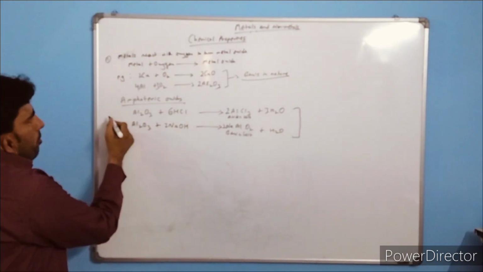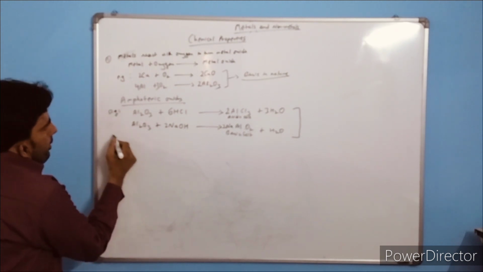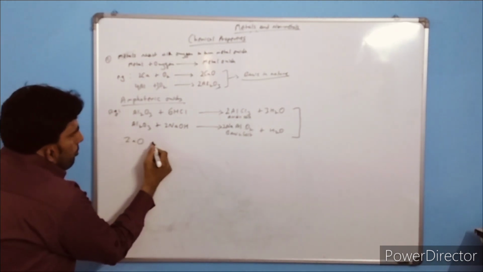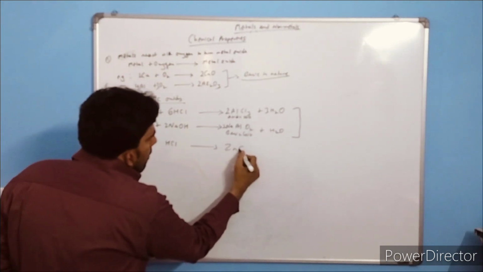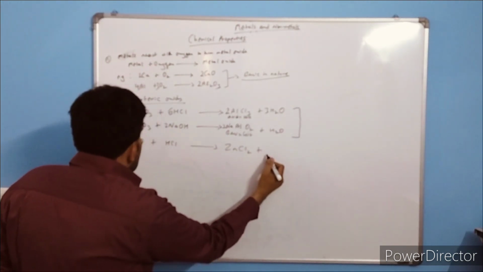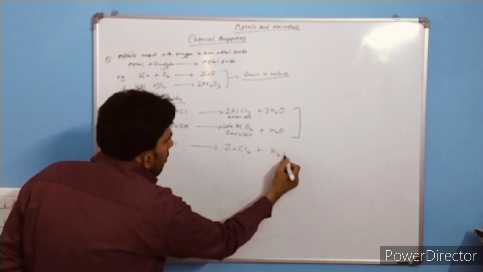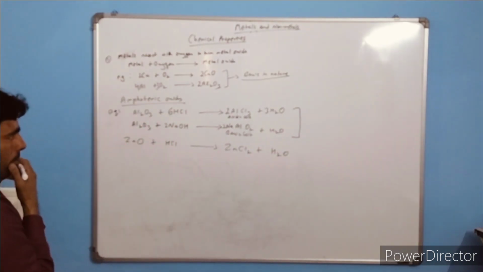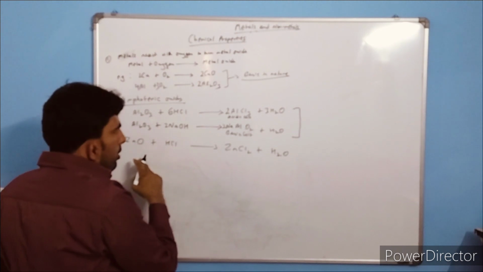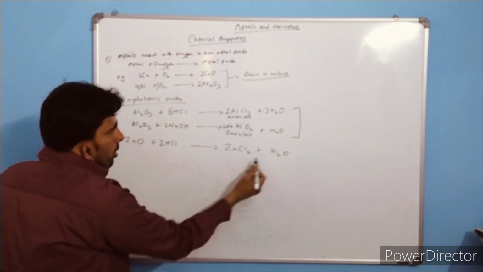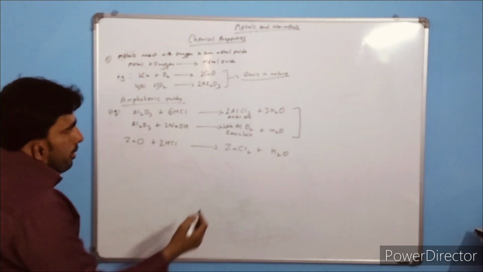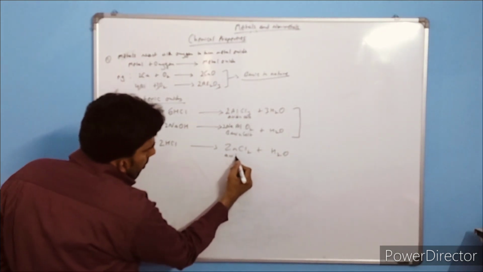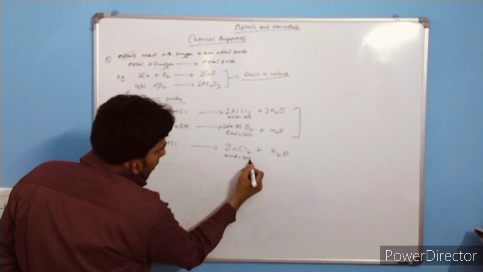One more example of amphoteric oxides is zinc oxide. When it reacts with HCl, what will I get? ZnCl2 plus water. You can easily balance; you can put 2 here, and we have oxygen 1. This is an acidic salt.